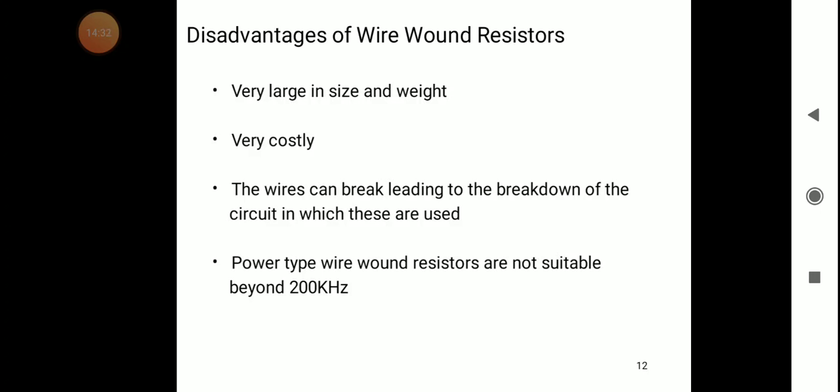The wires can break, leading to breakdown of the circuit. Power type wire-wound resistors are not suitable beyond 200 kHz, that is, they are frequency sensitive. These are some disadvantages of wire-wound resistors.